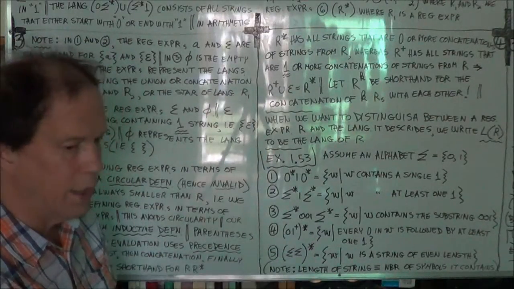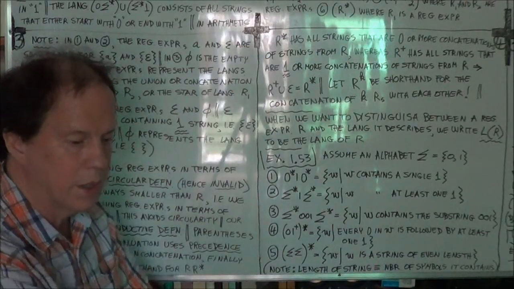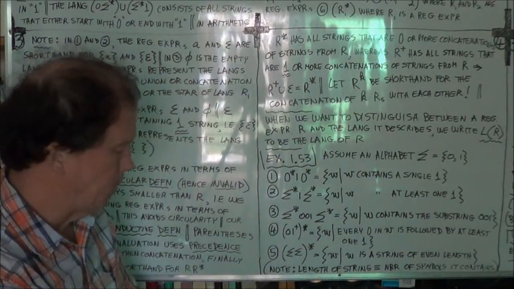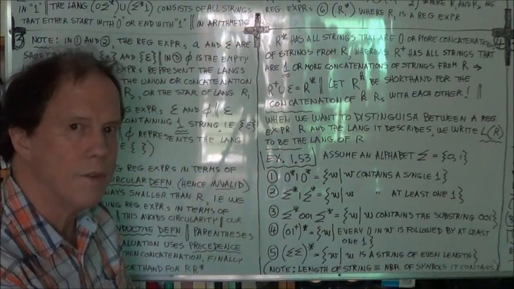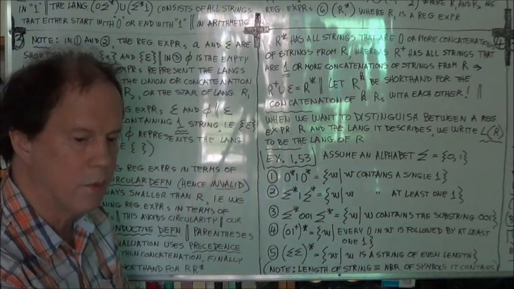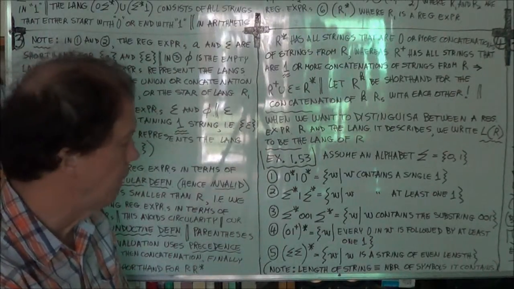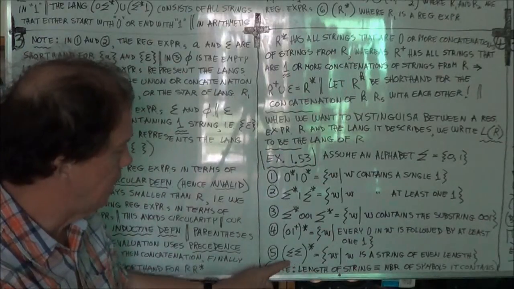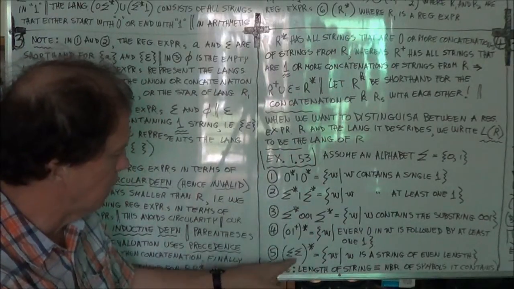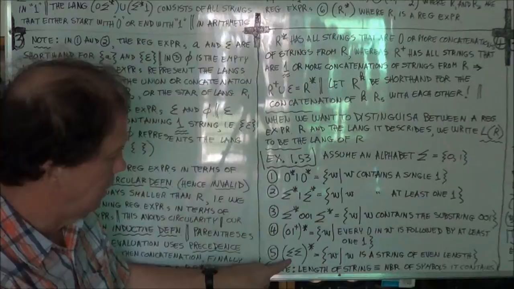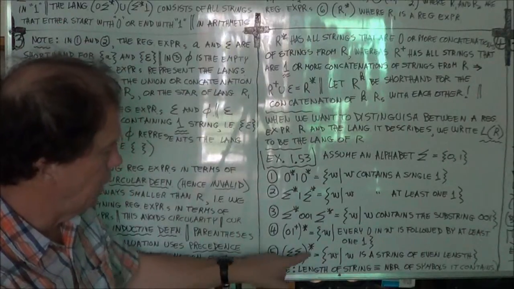What would it contain? Well, it'd be either 0, 0, 0, 1, 1, 0, or 1, 1. So that's the set of the four strings in that sigma. And then you star it.